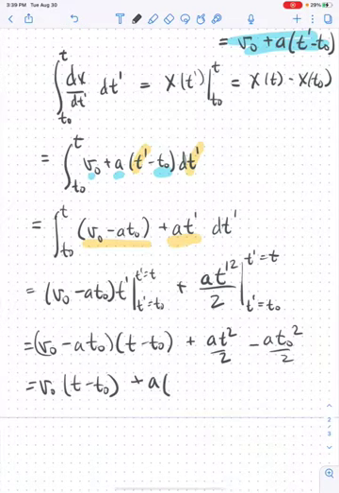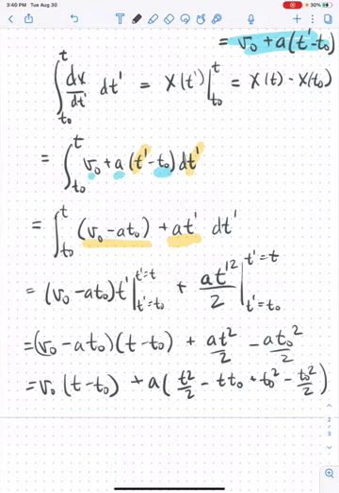And then all of our a terms, which is t squared over 2, minus t t naught, plus t naught squared minus t naught squared over 2.